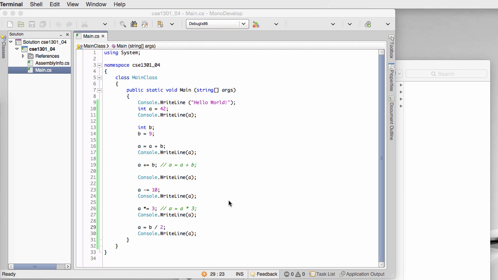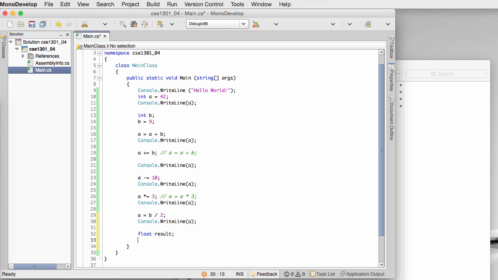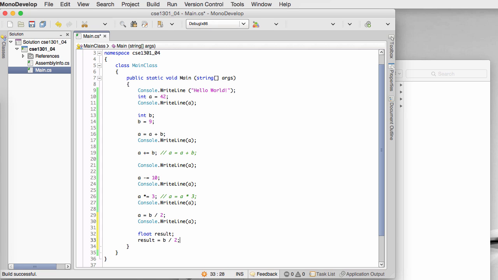If I wanted to do floating point, then I could do a conversion here, but I would need to store that value into a floating point value. So let's say we have a float called result, and result is equal to a divided by, let's say b divided by 2. The problem with this is that we're still going to be doing integer division, so it's going to do this and give us 4 and then store 4 into result.